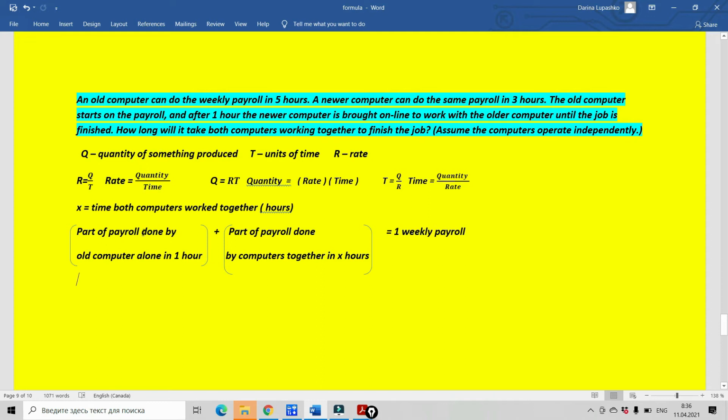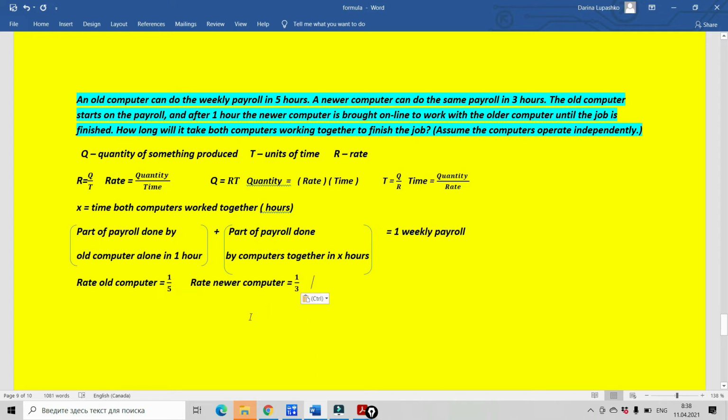So let's see, what is the part of payroll done by the old computer alone in 1 hour? We'll use the formula that quantity equals rate multiplied by time. The old computer can do the payroll in 5 hours, so its rate is 1 divided by 5. And the newer computer can do the same payroll in 3 hours, so its rate is 1 divided by 3.